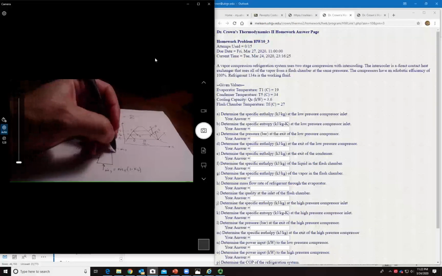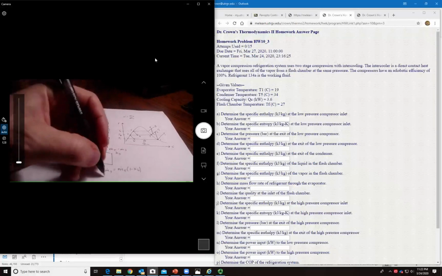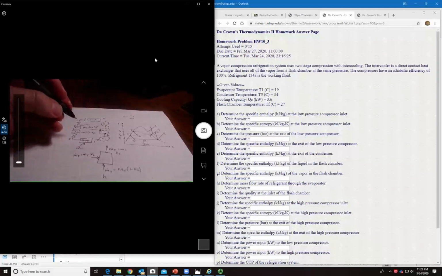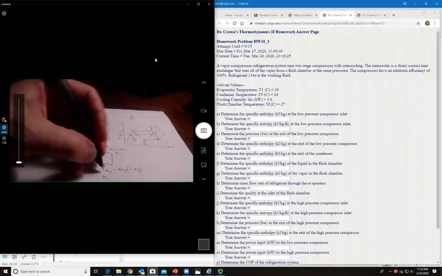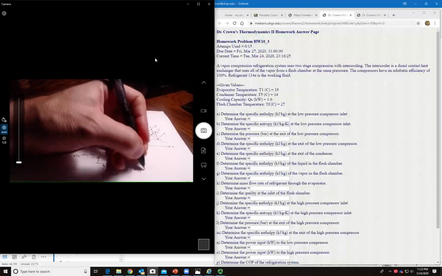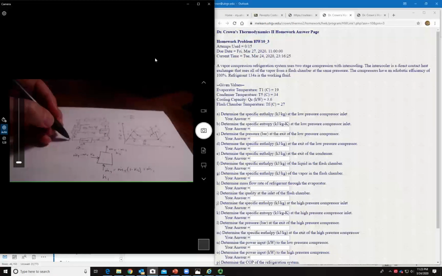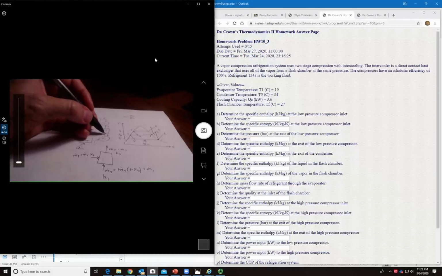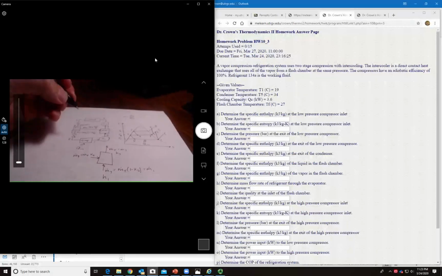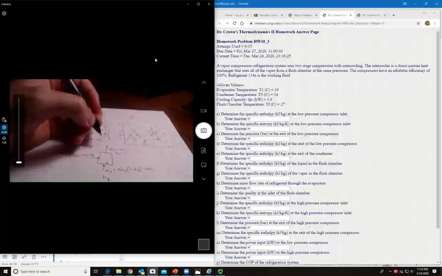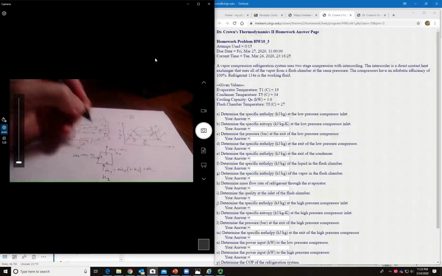And then we have an H3, which we don't know, and an H1, so this is also m dot 1. So m dot 7 is m dot 8, which is equal to m dot 1, which is equal to m dot 2. Actually, we're looking here at state 2. So this is state 2, state 3, and state 9.